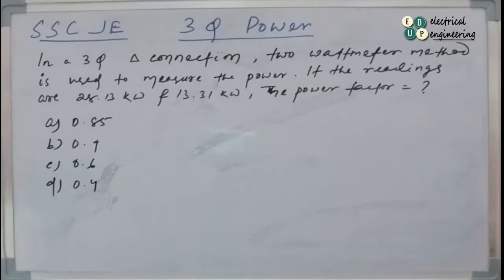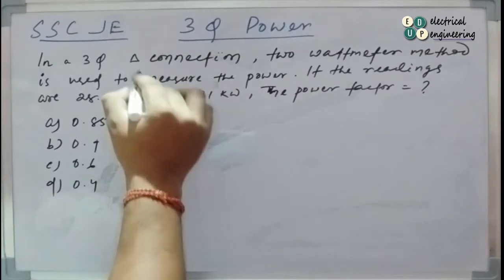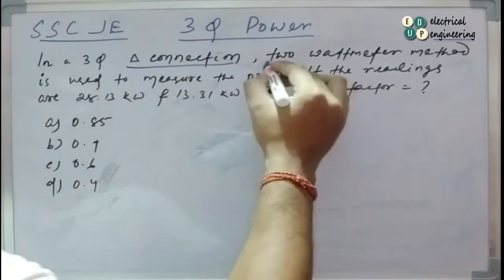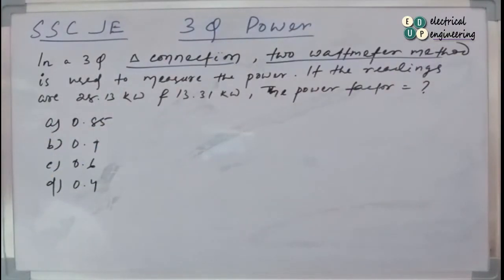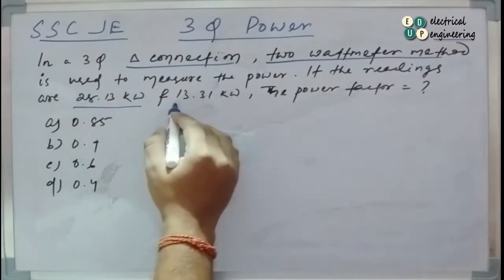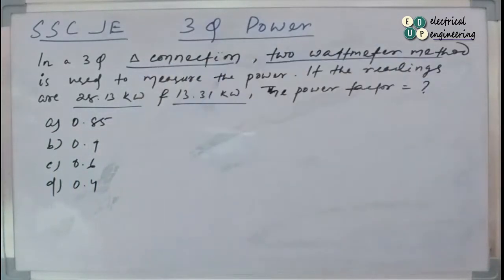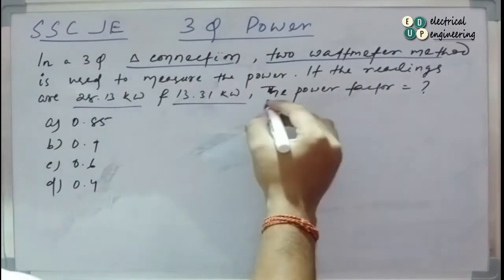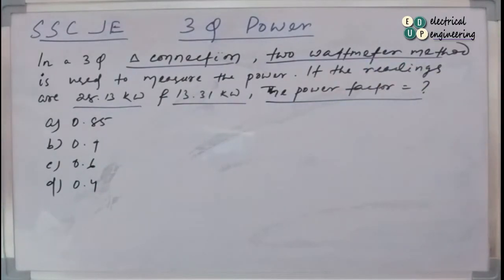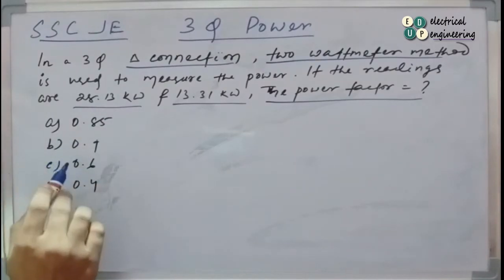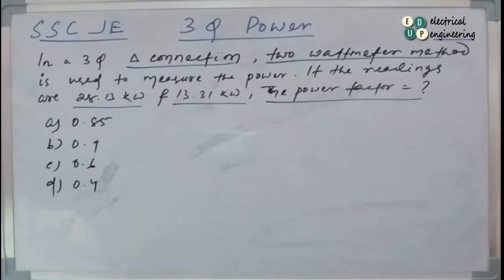Here, the first question is: in a three-phase delta connection, the 2 wattmeter method is used to measure the power. If the readings are 28.13 kilowatt and 13.31 kilowatt in the two wattmeters, what will be the power factor? Options are A 0.85, B 0.9, C 0.6, D 0.4. We are going to discuss the wattmeter method in a different lecture.